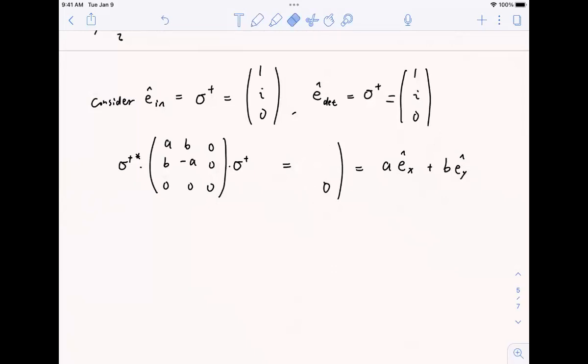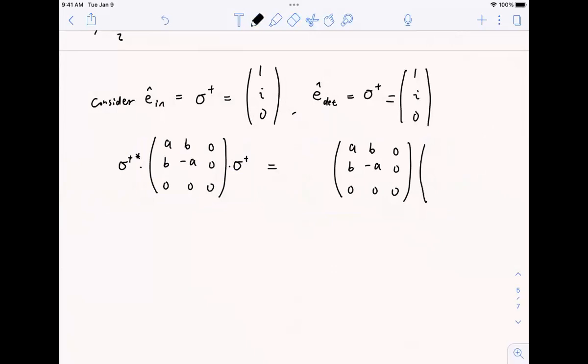So you're going to get 1, i, and then here will be 1, negative i.